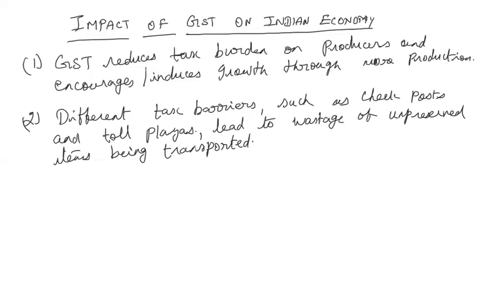So if it is happening in the case of perishable commodities, unpreserved items being transported, and they have to pay the taxes at different places, which is causing that delay, then it is becoming a wastage. Unpreserved items in the sense that perishable commodities. So because of that delay, all those perishable commodities are being wasted because of the delay caused in different places for the payment of tax.